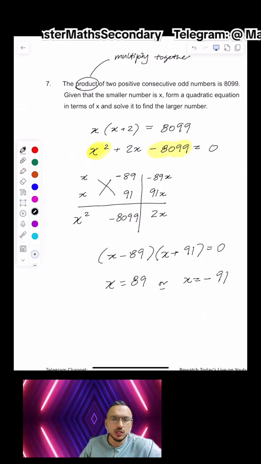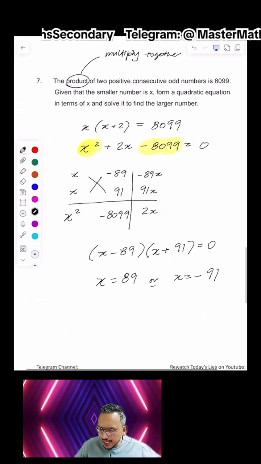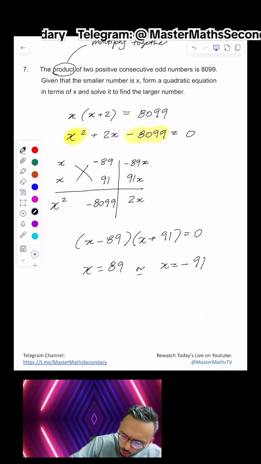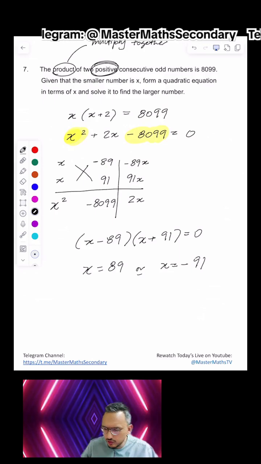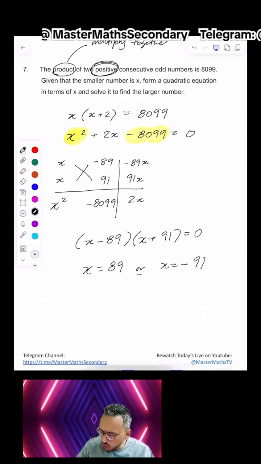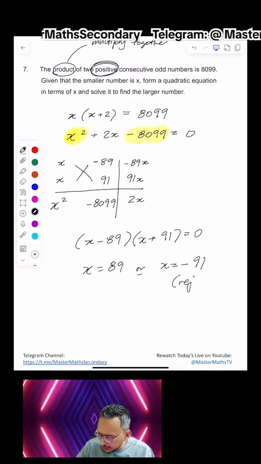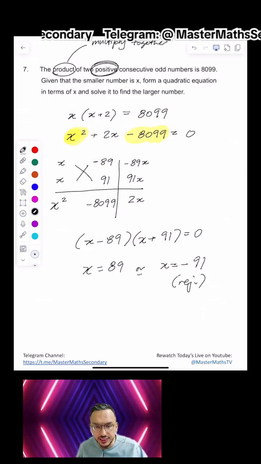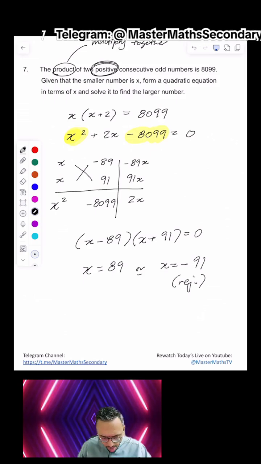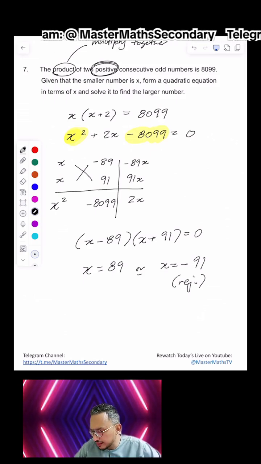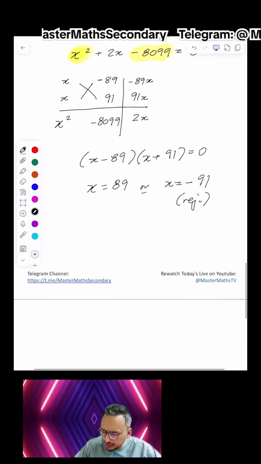Now, what do I do? I know that I'm supposed to have two positive consecutive odd numbers. So this one I can reject. Rejected. So negative 91 rejected.